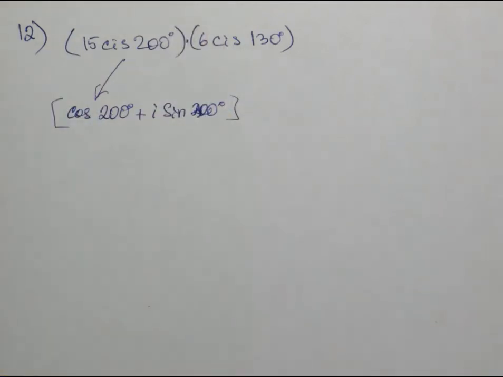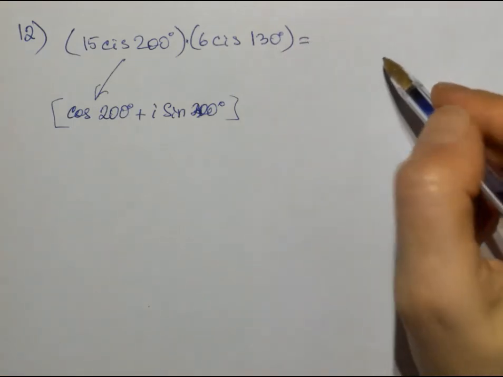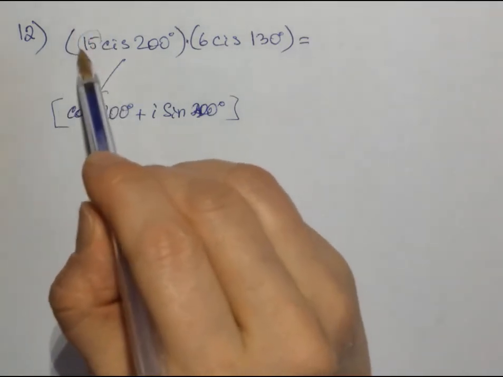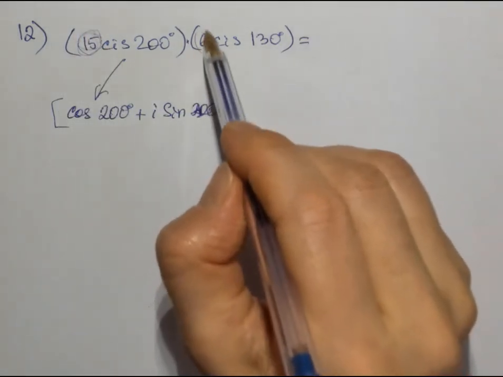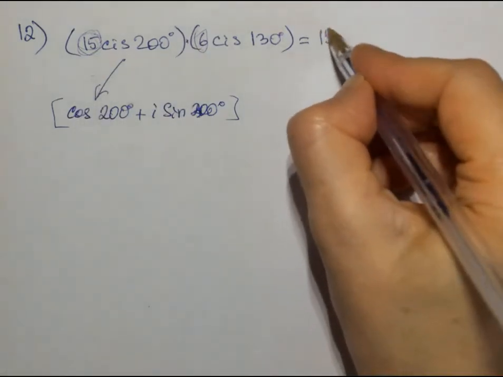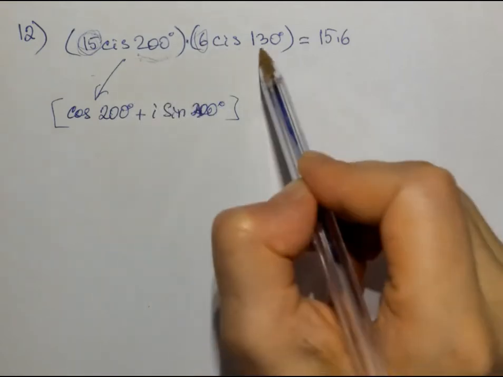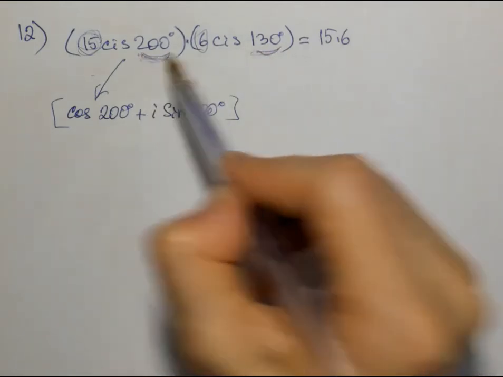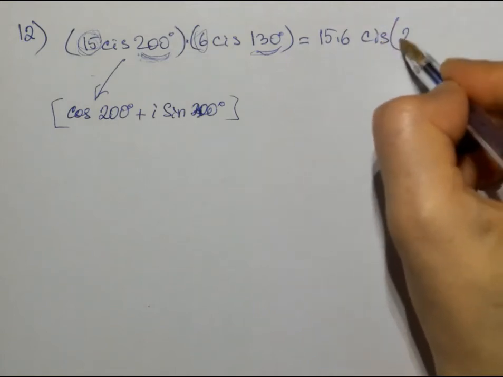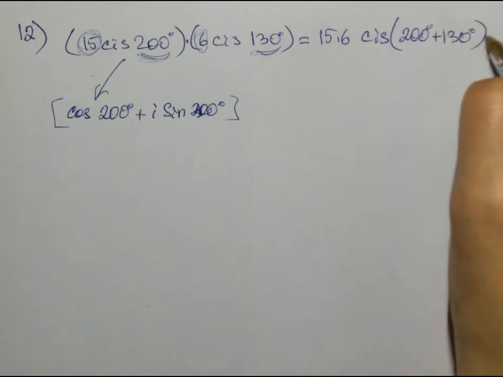And we have a product rule for multiplying complex numbers in trigonometric form. The amplitude or magnitude must be multiplied as for usual numbers, 15 times 6. And angles must be added, and you get a new complex number, cis of 200 plus 130.